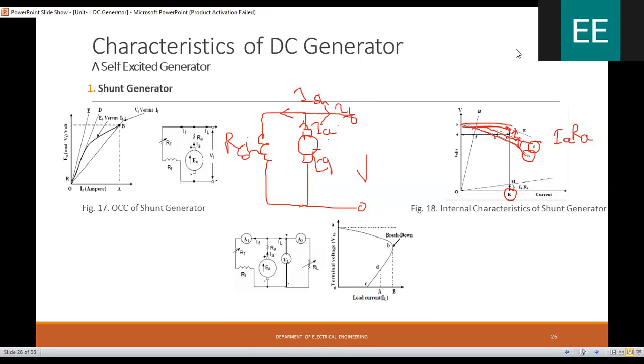See, as per the previous characteristics, या characteristics वरून, the induced EMF of the DC shunt generator at a constant value of flux is constant.